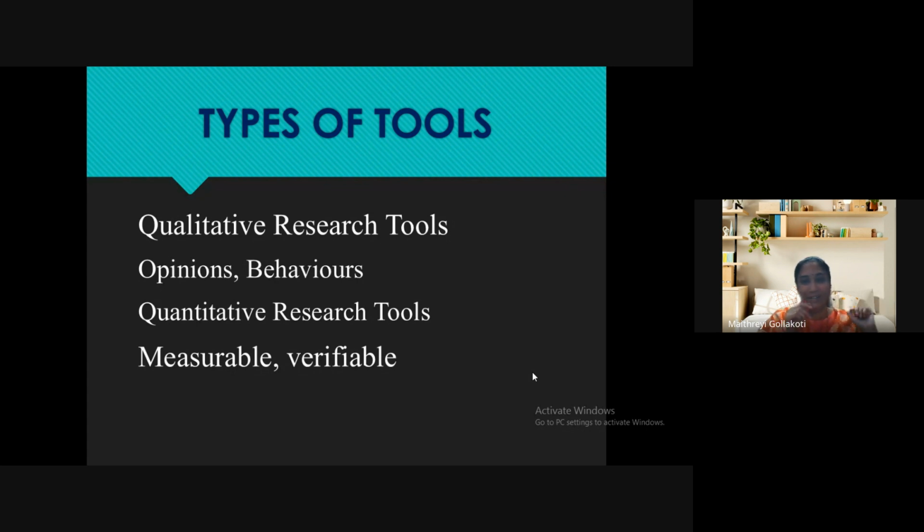So many opinions are there, isn't it? So depending on the opinions and behavior of people, we formulate qualitative research. So qualitative research tools are dependent on opinions and behaviors of people.